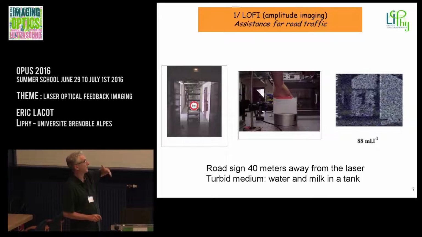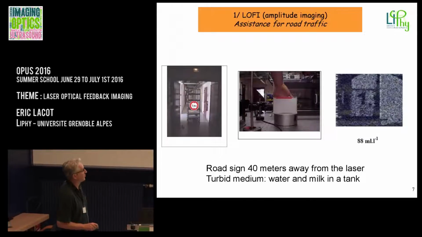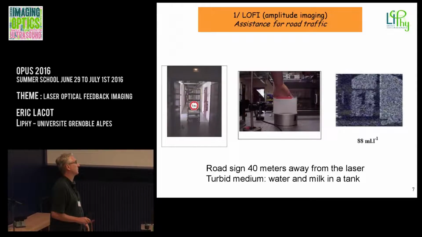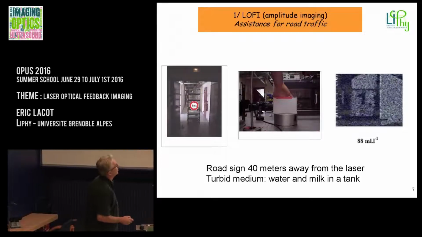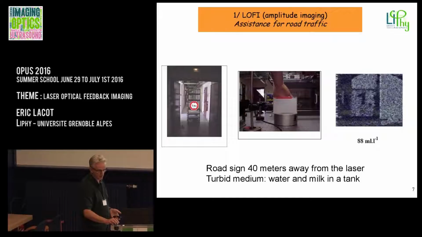It is impossible for the laser to make the difference between the black and the white. So this is an example of detection through turbid media with our simple interferometer.